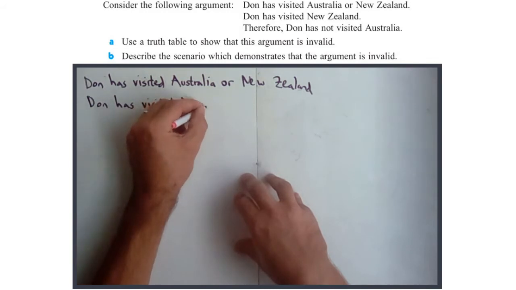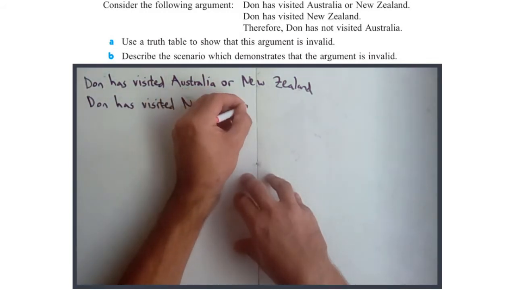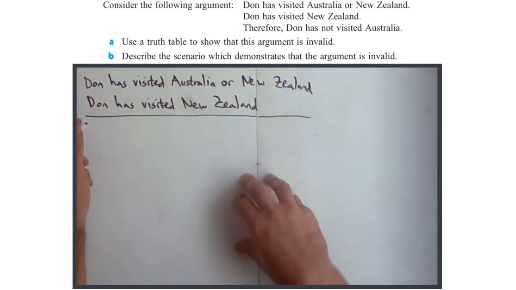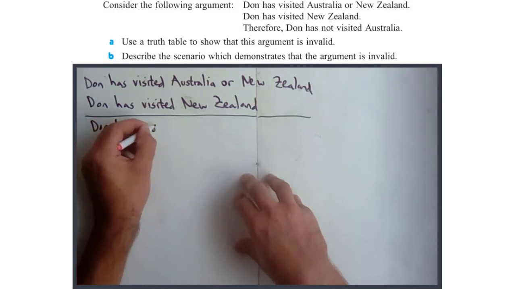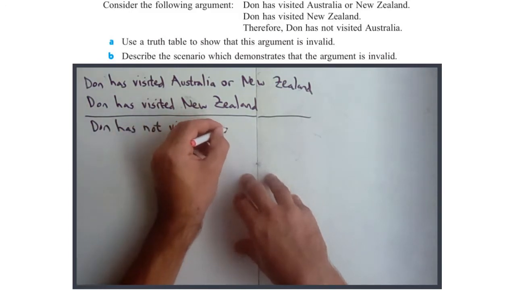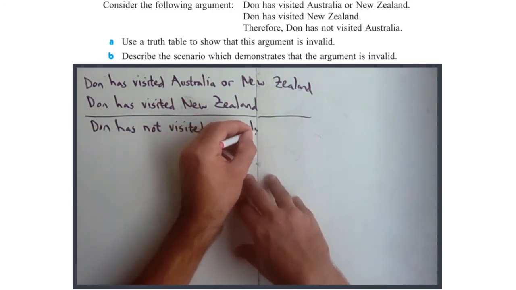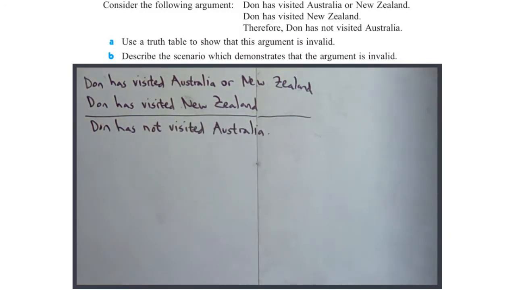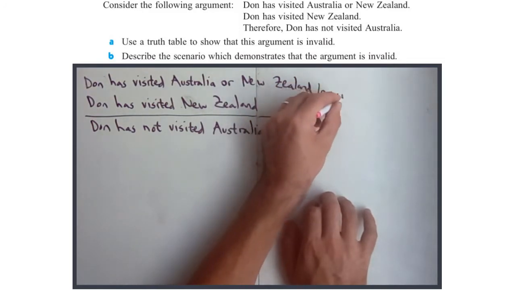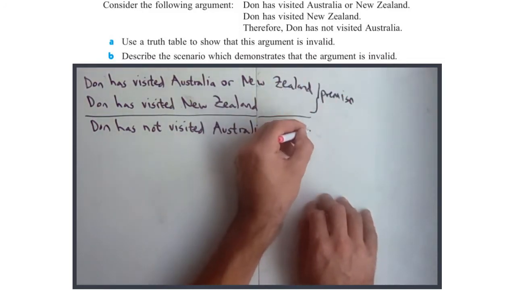Therefore, Don has not visited Australia. It sounds a bit like a dodgy argument already, just saying it out loud, but we'll do it properly. So we have the two bits in the premise, and then the conclusion that we arrive at.